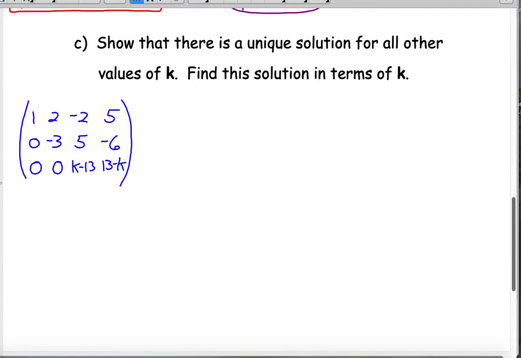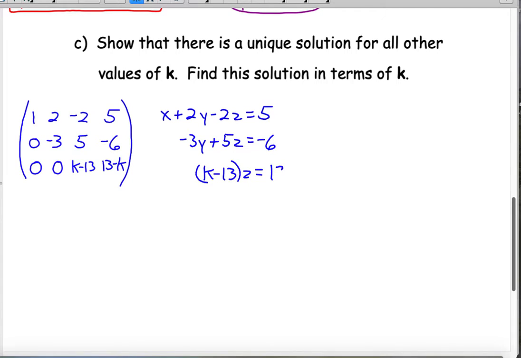We have x plus 2y minus 2z is equal to 5. We did that already. We've got negative 3y plus 5z equals negative 6. And then the last one, we have k minus 13 times z equals 13 minus k.